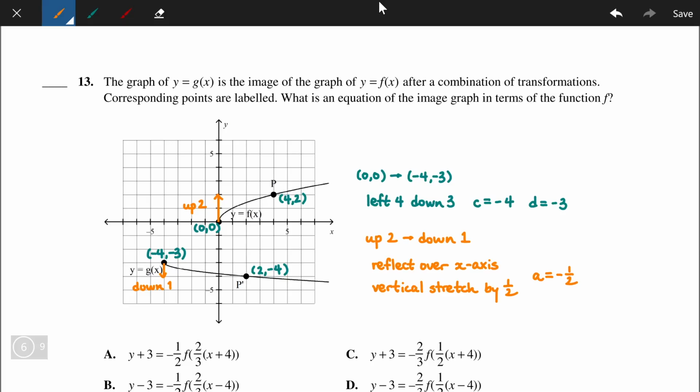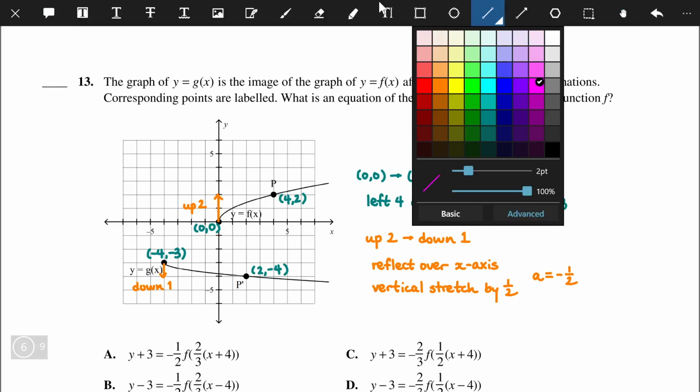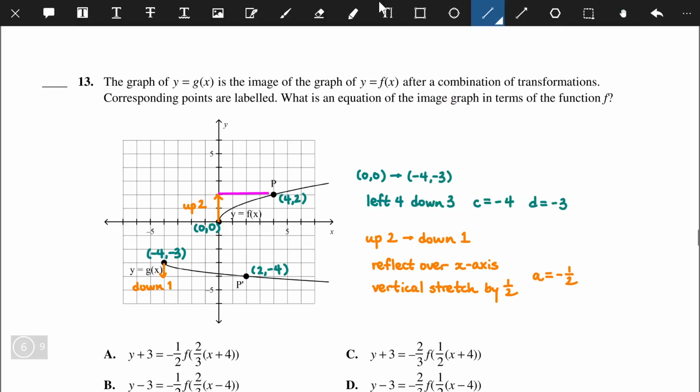And finally, the last part, so let's use a different color here as well. The original graph moved right 4 spaces. The new graph moves right 6 spaces.